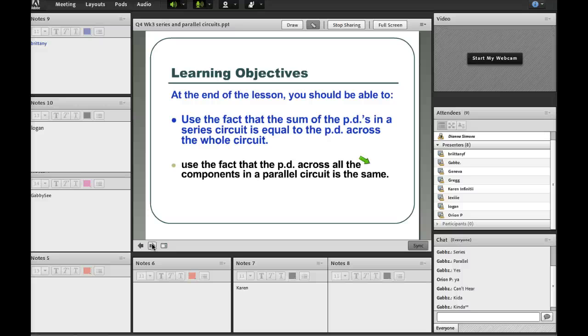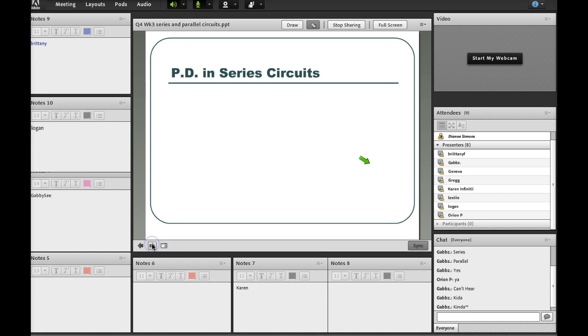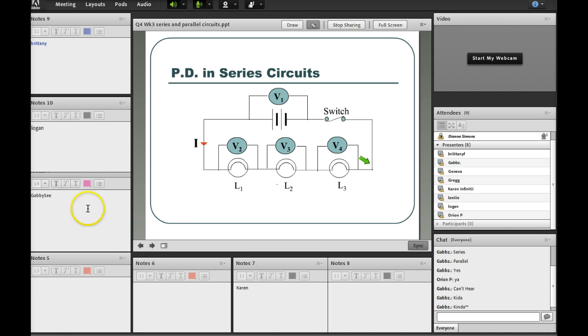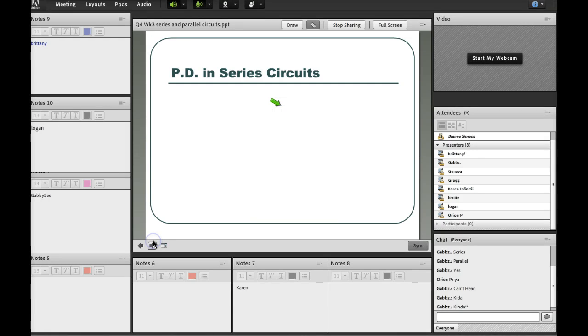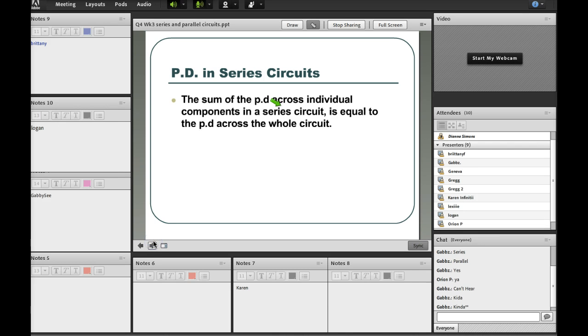And in a series circuit, if you have 24 volts, then across each resistor, it's going to be different. But when you add up all the voltages across a series circuit, it should add up to the total voltage, okay? So it doesn't matter how many resistors you have, whatever you have going across each one should add up to whatever you start with, whatever the battery or whatever is generating that voltage, okay?